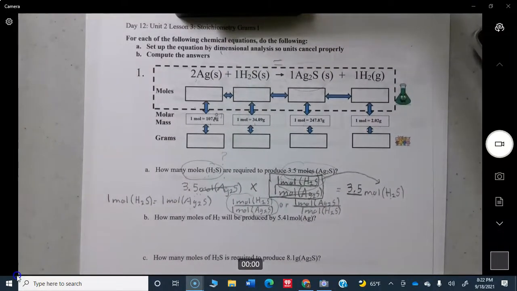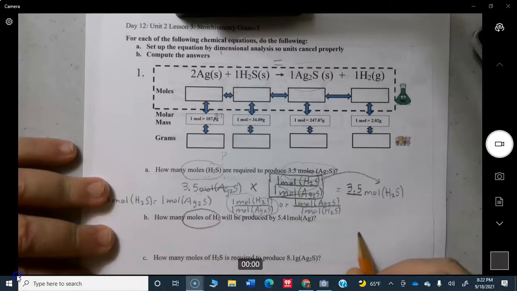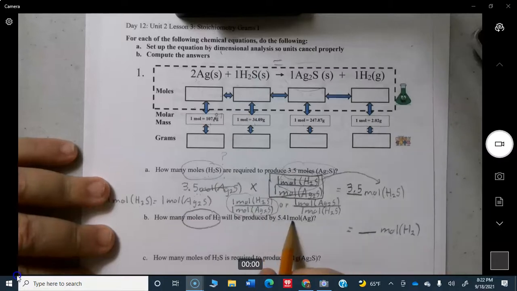How many moles of H2 will be produced by 5.41 moles of Ag? So what we're trying to find is moles of H2. So I'm going to come way over here and write an underline, mole of H2. So that's where my answer is going to go. I'm going to put an equal sign there. And we're starting off with 5.41 moles of Ag.